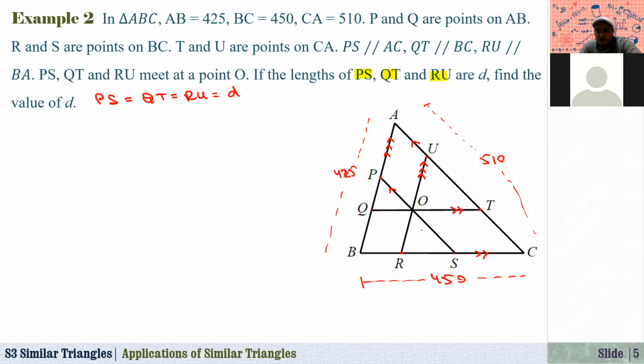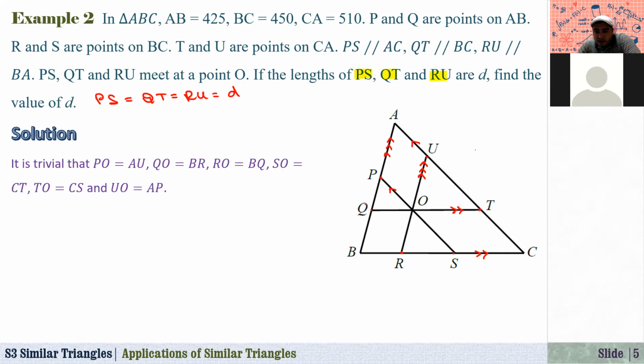We need to find the numerical value of D. Let me relate this now that we know their values, so it will not be so confusing.